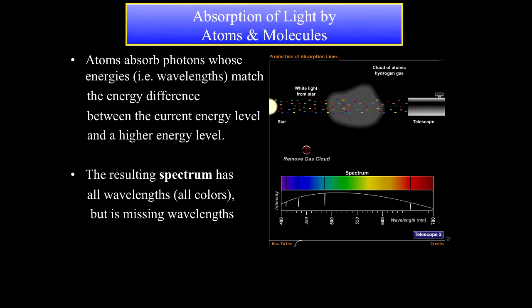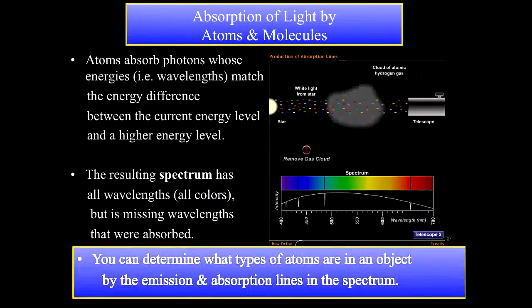And the fingerprint, if you will, of those atoms is the set of frequencies that are absorbed. The certain specific colors that are absorbed tell you what type of atom must be in this gas doing the absorbing. So that's the basic idea.